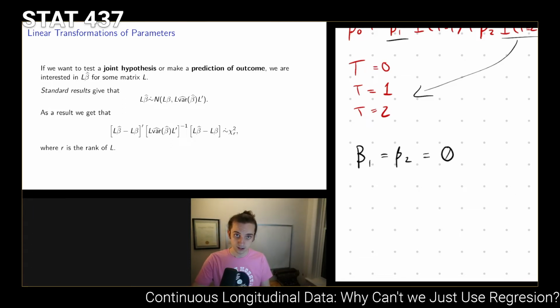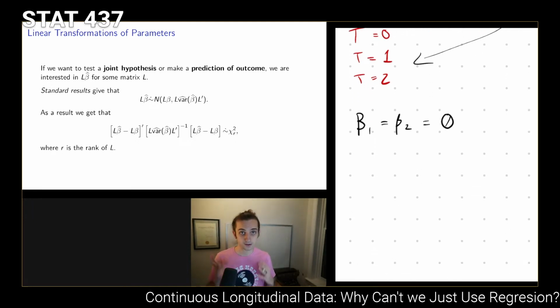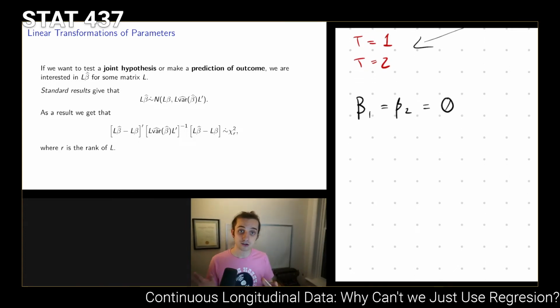And you can think about this in a couple of different ways. The most concrete way for me is thinking about it as two different hypotheses that we want to be true at the same time. So we want beta 1 equals 0, and we want beta 2 equals 0.